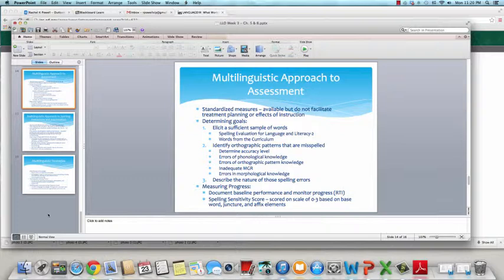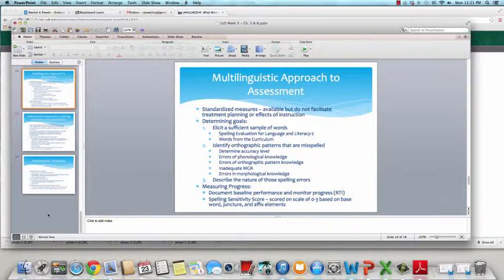So other ways to meta-linguistically analyze spelling: you can determine goals using a sufficient sample of words that you've elicited. They give the example of the Spelling Evaluation for Language and Literacy 2, which is, I'm sorry, not a standardized test, but it is a published test for eliciting spelling for an analysis.